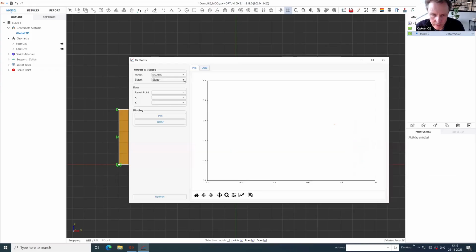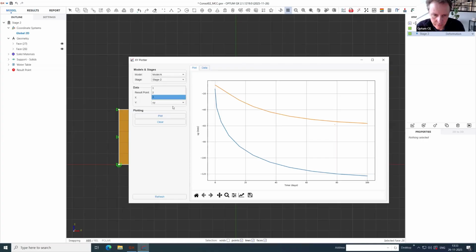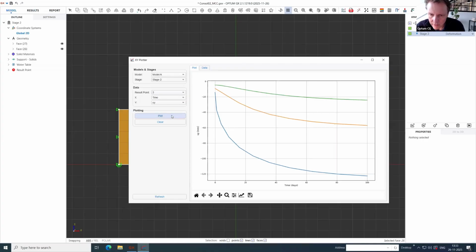It's in stage 2, and we can plot for result point 1 the vertical settlement versus time, and for point 2 it's a little bit less, and at point 3, which is even deeper in the ground, it's a little bit less again.